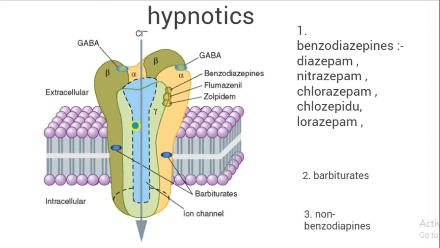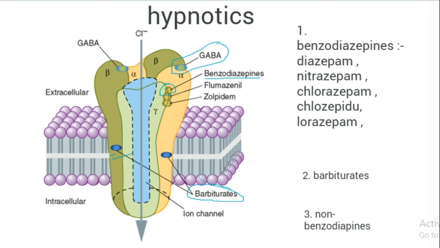So this is the drawing. We have the alpha subunit, beta subunit, and the gamma subunit. The benzodiazepines have a binding site between alpha and gamma, GABA binds between alpha and beta, and barbiturates bind with either alpha or beta. So it leads to chloride influx.